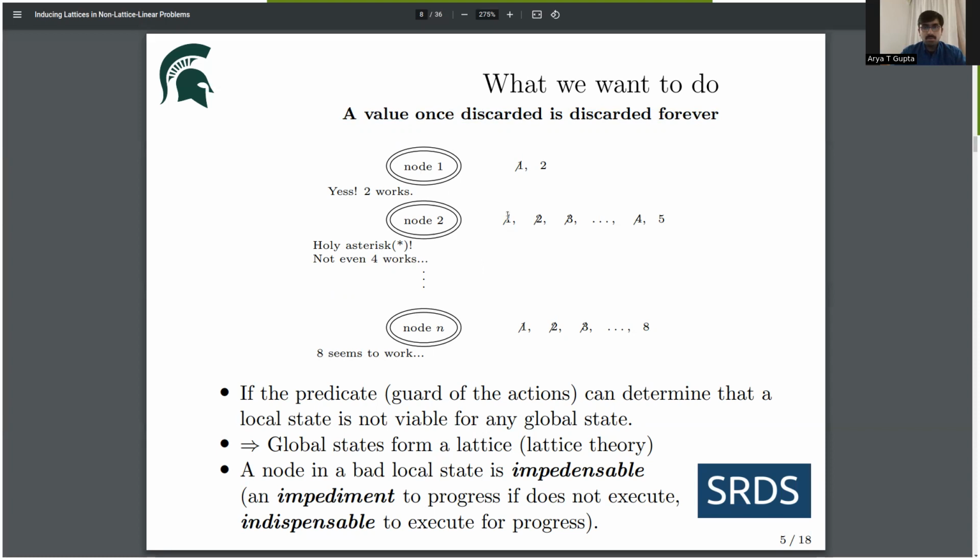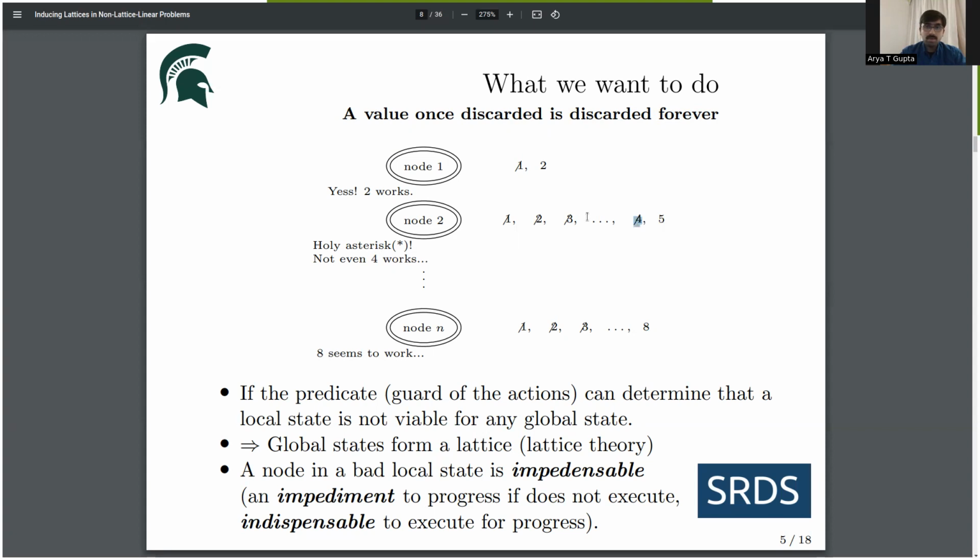In node 2, it transitions from 1 to 2 to 3 to 4. Let's study the transition from 3 to 4. It only transitions from 3 to 4 when the guards decide that 3 is not a good local state for any optimal global state. Similarly, if it decides that 4 is also not a good state for any optimal global state, then it moves to 5.